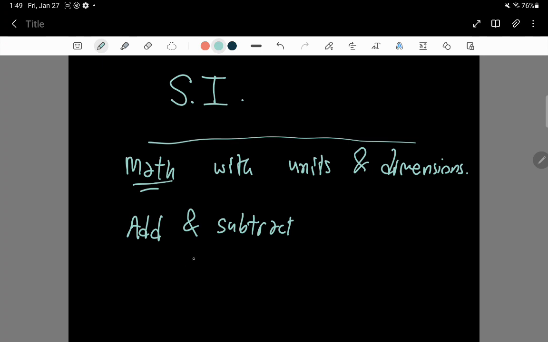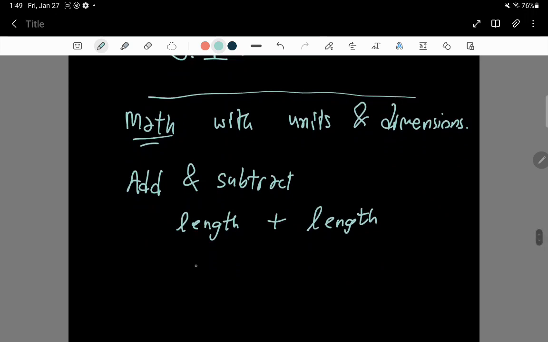And it makes sense to, for example, take a length and add it to another length. It makes sense because these are both in the dimension of length. It also makes sense to take some time and add it to some more time, or even subtract, right?